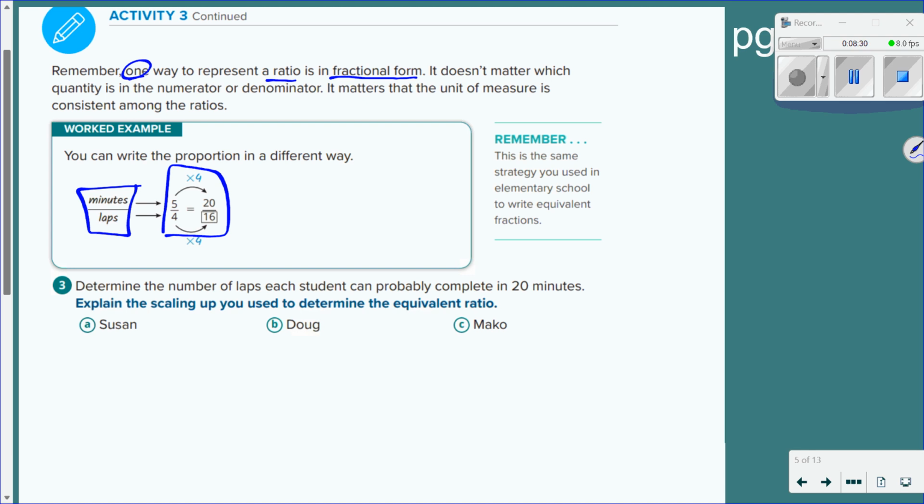That is an acceptable way to write your rates. But your units must be written at some point so that you can keep track of them. Okay? I'll be honest, I don't really like this way as much. I prefer writing it in each piece of my fraction just to make sure I'm putting the numbers in the right spot.